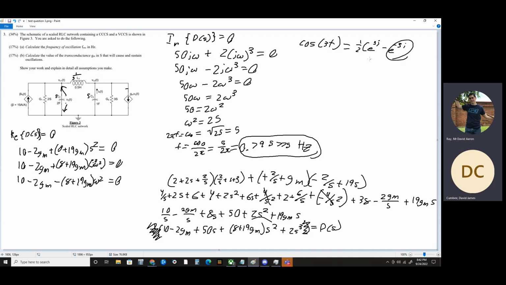Anyway, there will be like two components that will appear, and if you were to graph a cosine wave, there's going to be a negative frequency component and a positive frequency component.